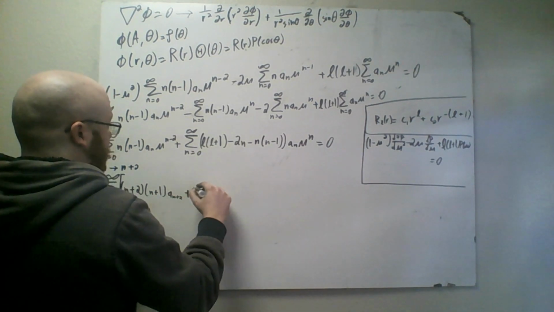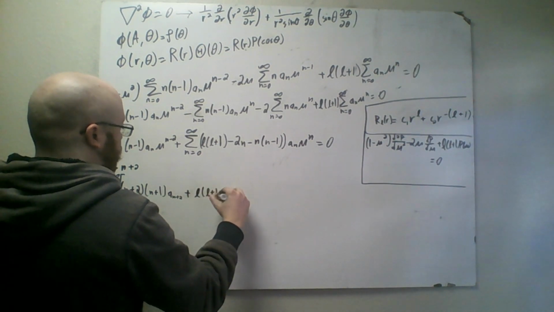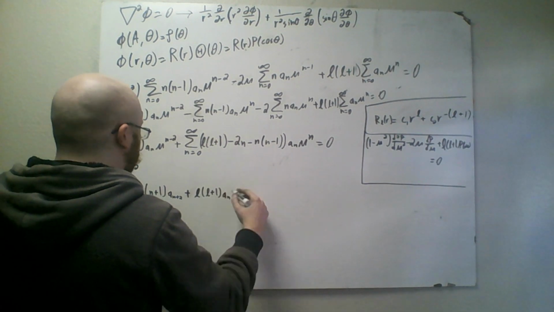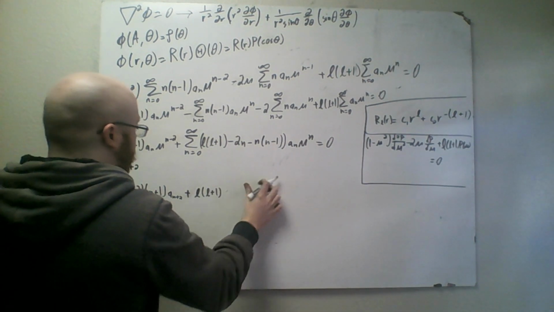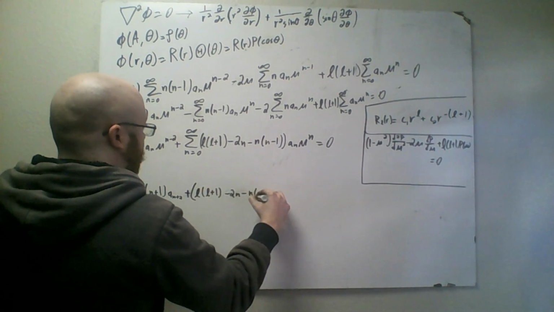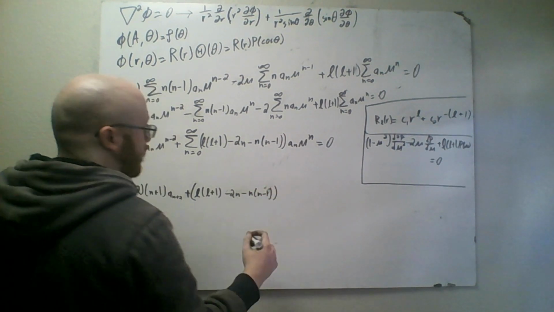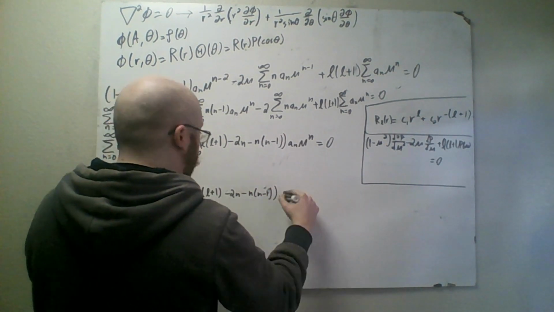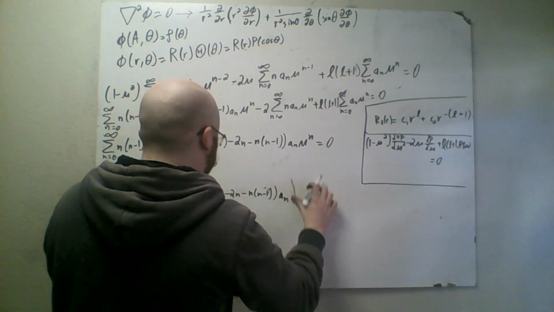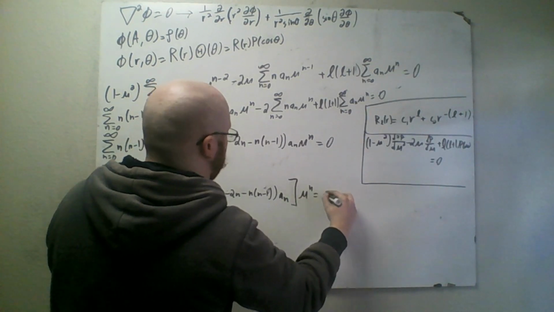So this is plus L times L plus 1 an, well, I'll still keep the an's together, minus 2n minus n minus 1. This might actually be a little harder. And all that times mu to the n, all that has to equal.